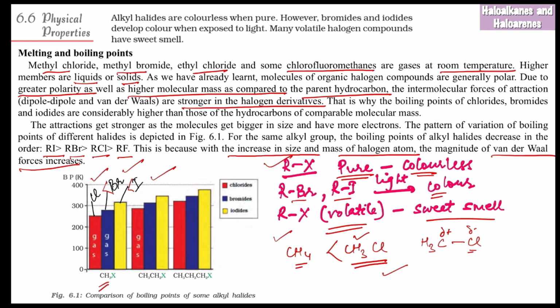Due to higher intermolecular forces of attraction, their boiling points are higher than those of hydrocarbons of comparable molecular mass. Iodides have a higher boiling point than bromides, bromides have a higher boiling point than chlorides. The reason being, iodides, due to their higher molecular mass and greater size of the halogen atom, have high van der Waals forces. So with increase in the size and mass of the halogen atom, van der Waals forces increase and the boiling point also increases.